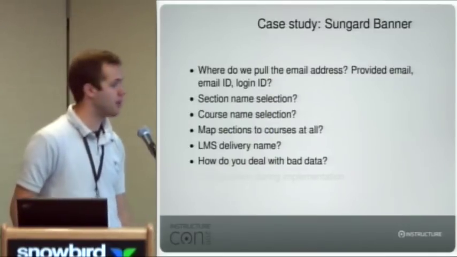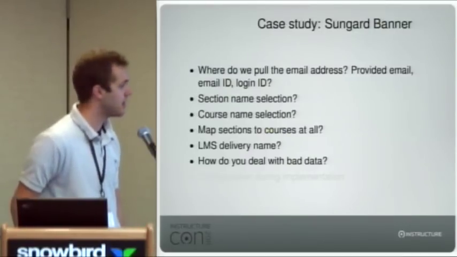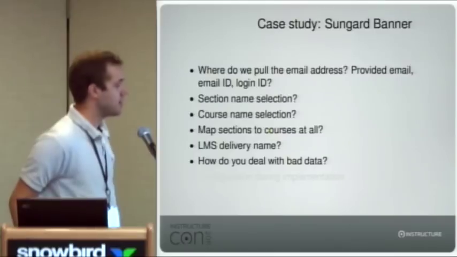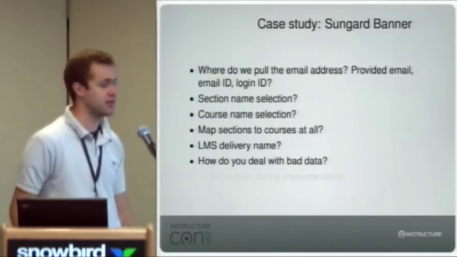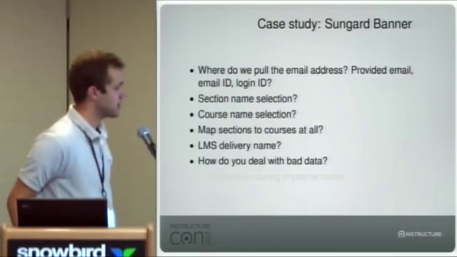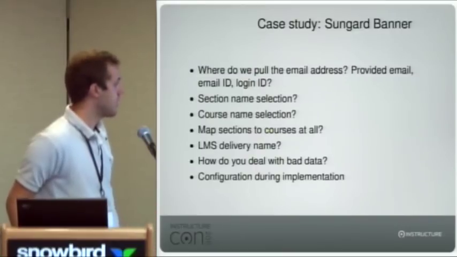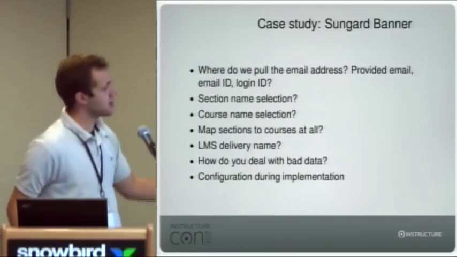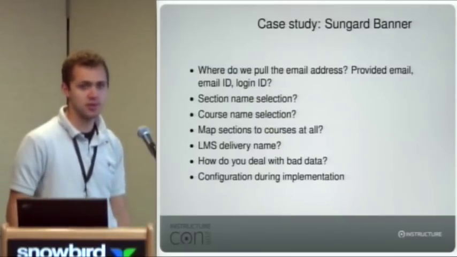We try to show errors and warnings when possible, and just move on when we see bad data. But for the most part, if you put bad data in, sometimes you get bad data out. So that's a hard problem to address. But we have added a number of things to help clean up data. And again, these things are available for configuration when we do the implementation process with our customers.